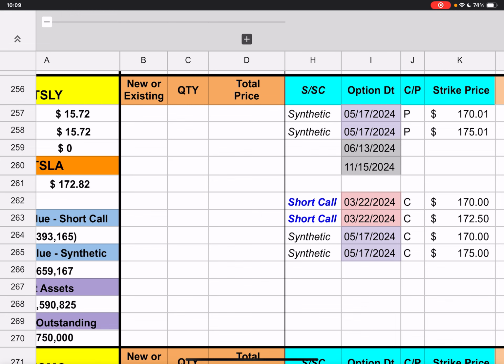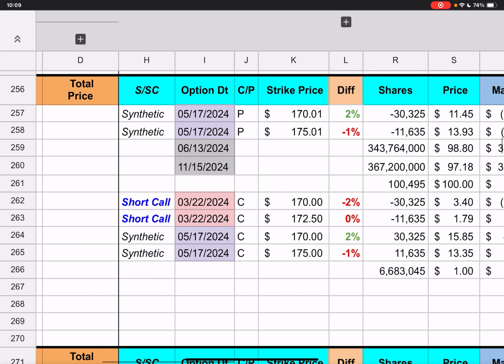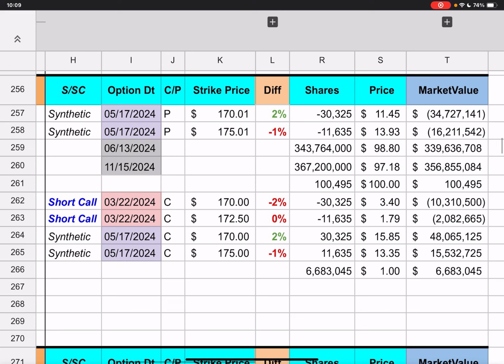Maybe not for our personal accounts, but it was good when we look at the short calls, because we had two that expire tomorrow, and the strike prices are 170 and 172.50. So we're getting close to being underneath that first one. But if you look over to the right, if we had to close these out today, it would have cost us $2.1 million to close out the strike price of 172.50, and $10.3 million to close out the strike price of 170.